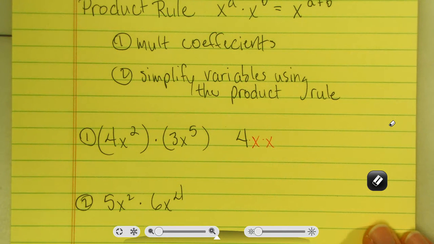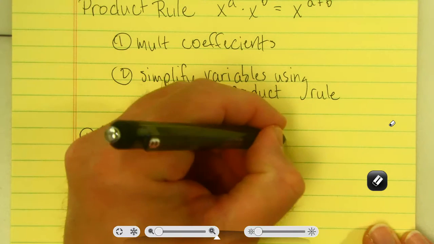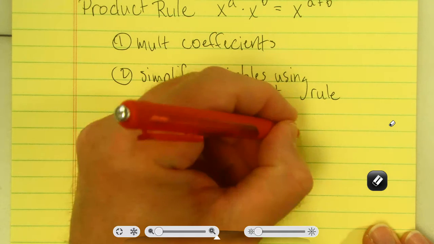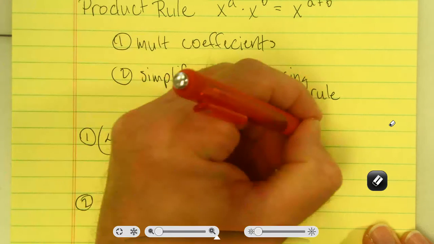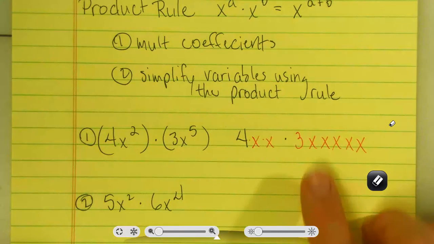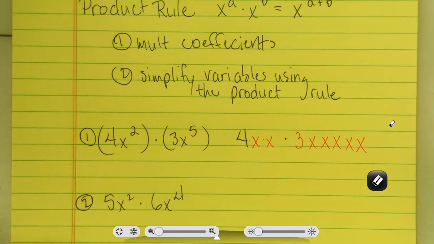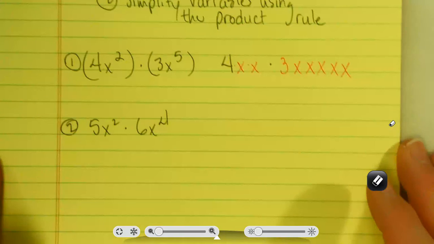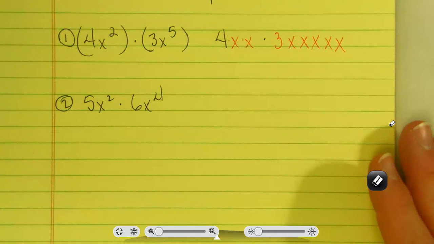That's what it means. Likewise, 3x to the fifth means 3 times x, x, x, x, x, okay? 5 x's, x times itself 5 times. That's what it means.